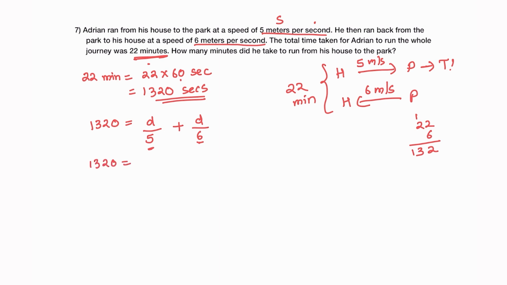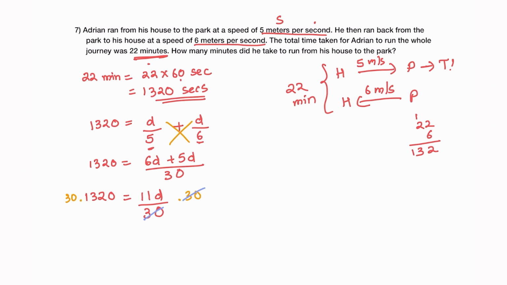1320 equals. So it's basically the cross multiplication here. So we say this is 6D plus 5D, and 5 times 6 is 30. So that's 1320 equals 11D upon 30. And now we do what? We say times 30 and times 30. So that means this 30 and this 30 will be out.